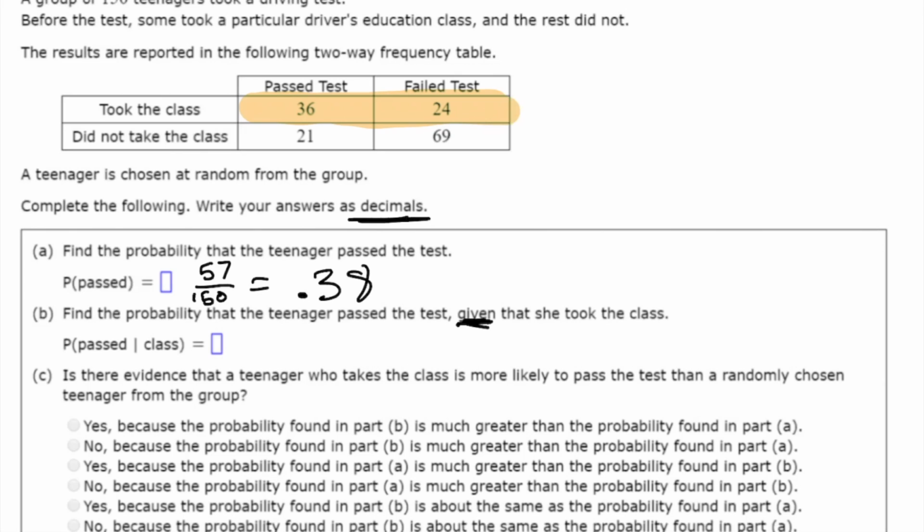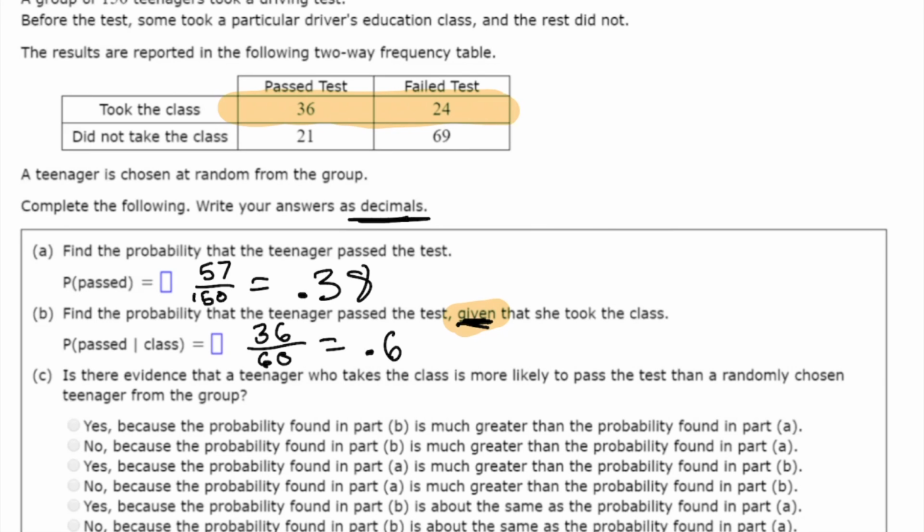These are the only ones we can talk about because those were the given students. How many of them passed? Well, 36 of them did, out of how many? 36 plus 24 is 60. 36 divided by 60 is 0.6, or 60%.